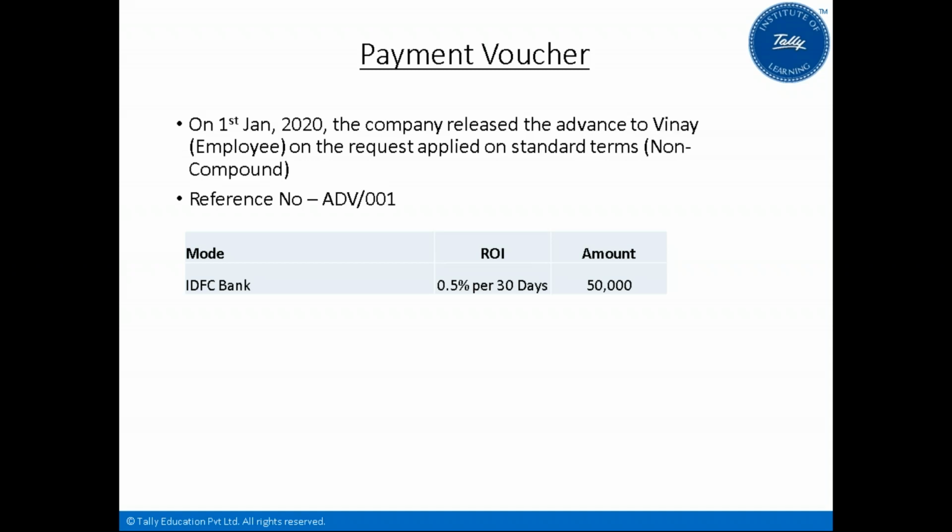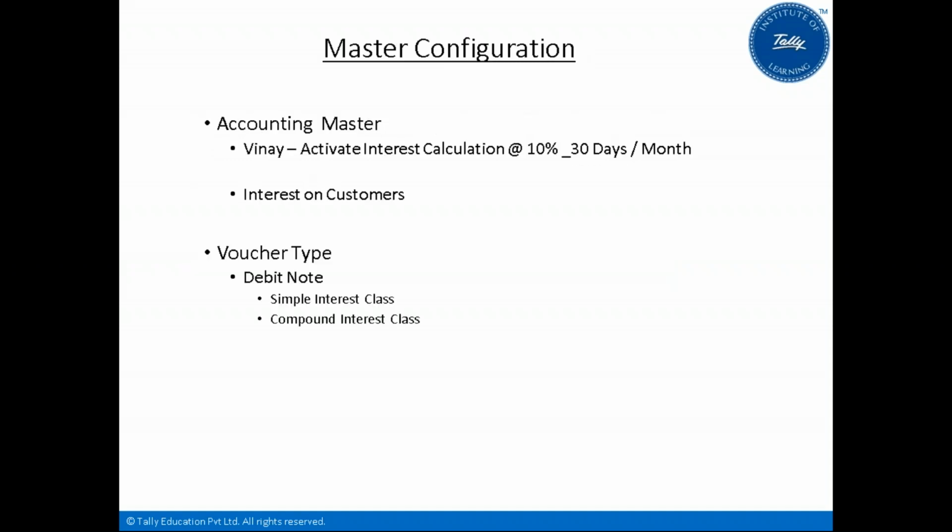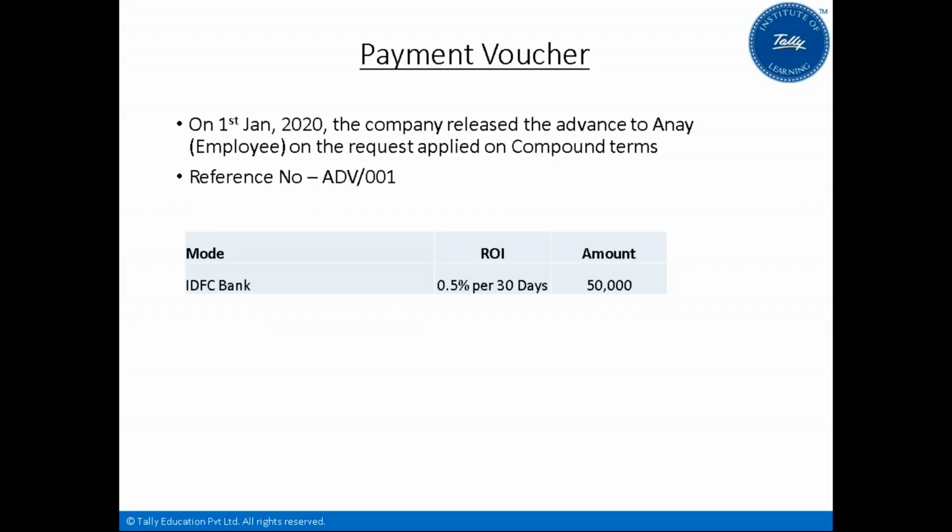Vinay is non-compounded, but Anay has compound interest. I have kept the rate of interest, the number of days on which the interest needs to be calculated, and the amount the same so that you can see the difference properly.